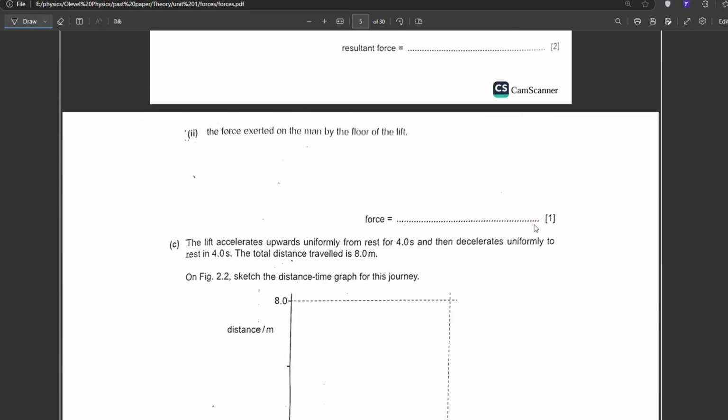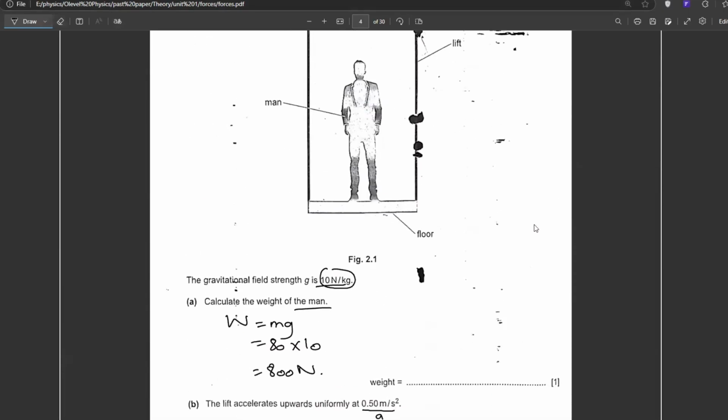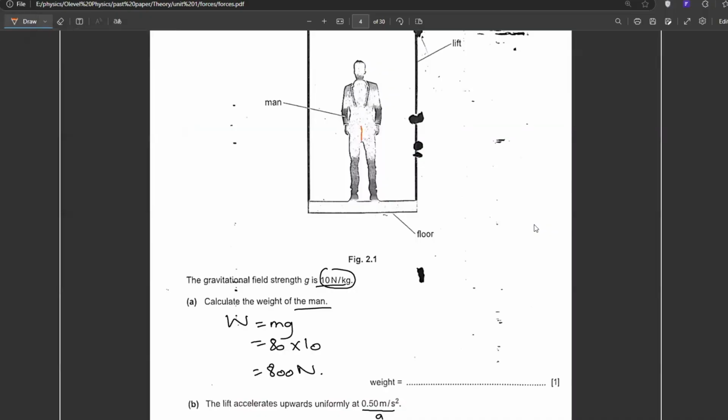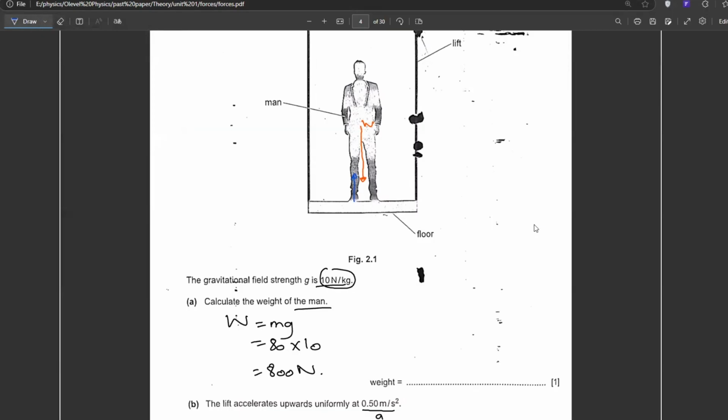Now the force exerted on the man by the floor of the lift. If you observe here, there are two forces acting. First is the weight that will act downward, and there will be a force that acts upward due to the floor on the man.